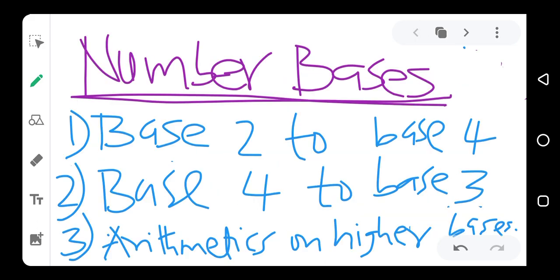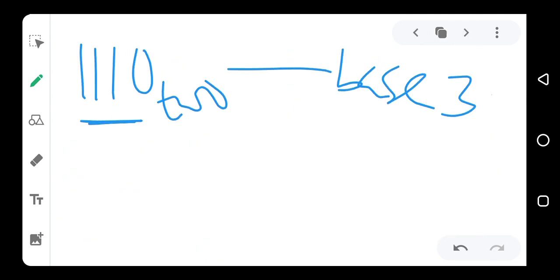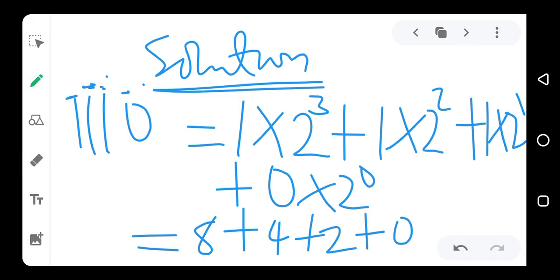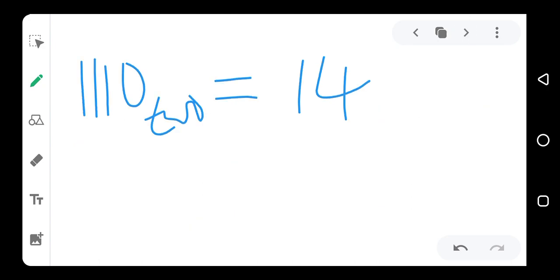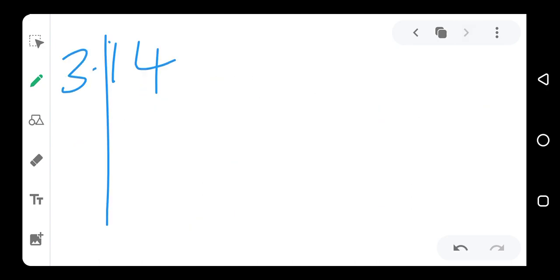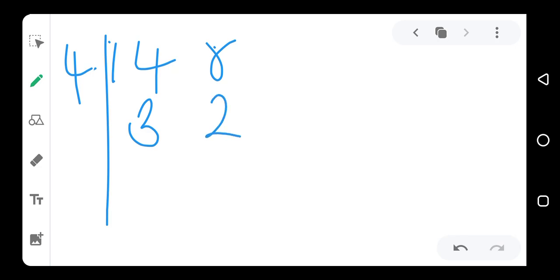We are converting from base 2 to base 4. So we have 14 divided by 4, we have 3 remainder 2, and then 3 divided by 4. 4 cannot divide 3.